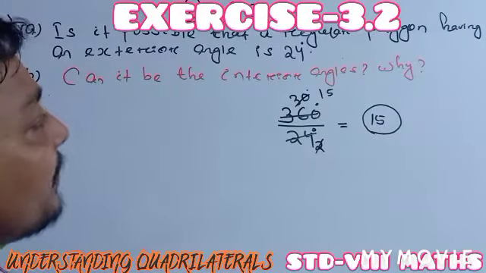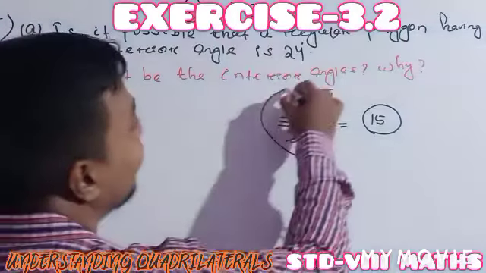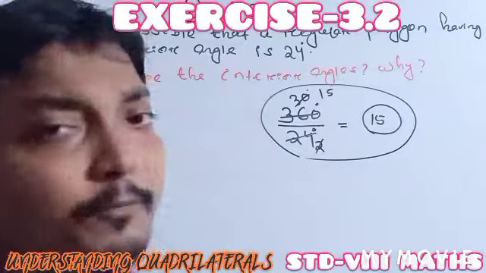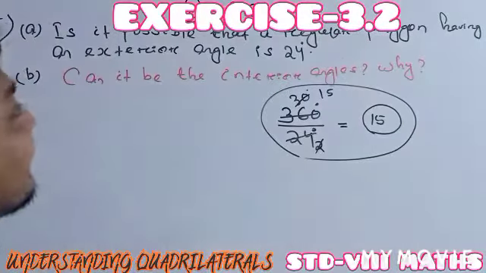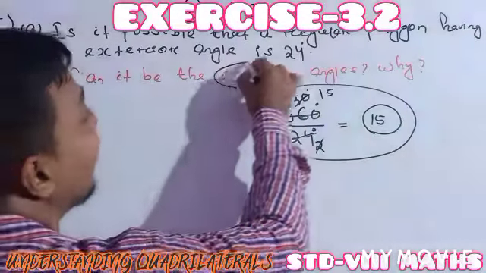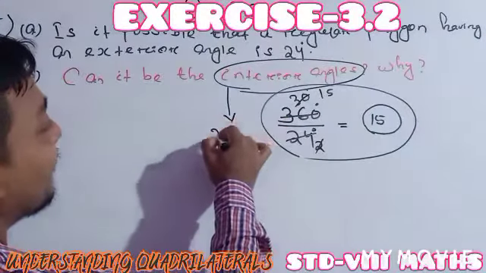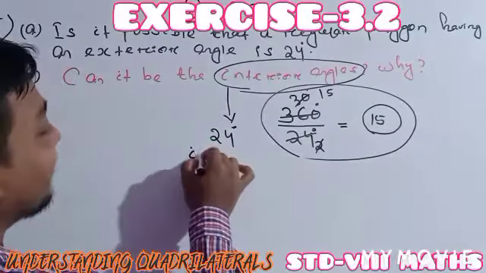Then the next one: can it be possible if 24 degrees is the interior angle? For a regular polygon, the previous one was solved when 24 degrees was the exterior angle. But now, can it be possible when 24 degrees is the interior angle?